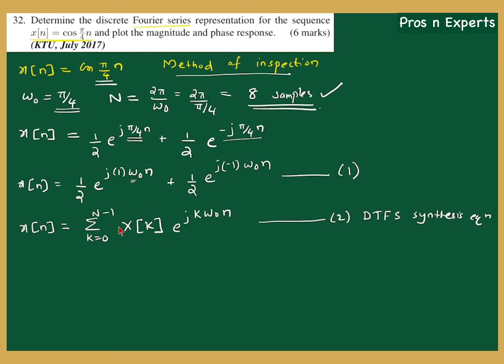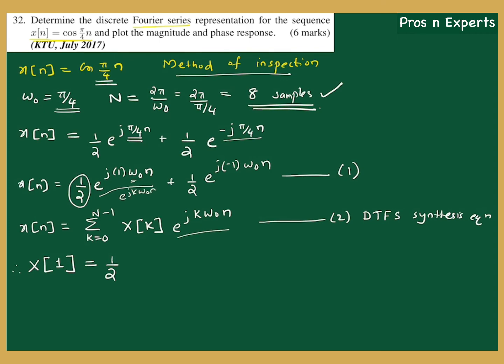So X of k, the coefficient of the signal, is the DTFS coefficient for k equal to 1. X of k is a function of k. The signal is of the format e raised to j into k into omega 0 n, so whatever comes between j and omega 0 n is going to be k. Here also, e raised to j into omega 0 n, k equal to 1.